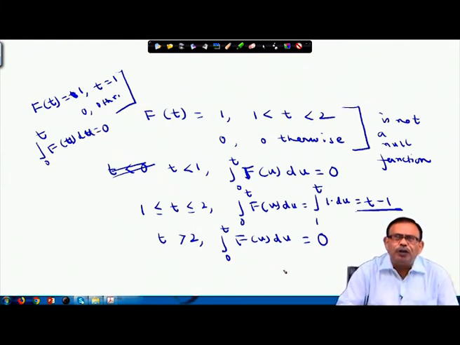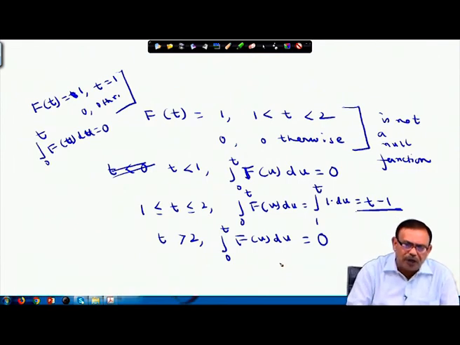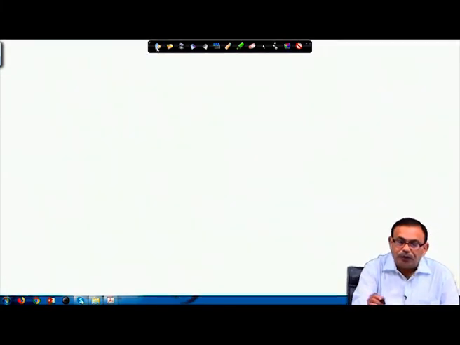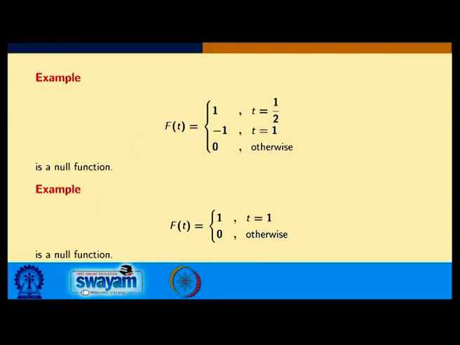You may ask why we are going for the null function. Of course, there are certain reasons for studying this null function. It is related to the next topic, that is the inverse Laplace transform. So, as I told you, this function f(t) equals 1 at t equals half, minus 1 at t equals 1 and 0 otherwise is an example of a null function.